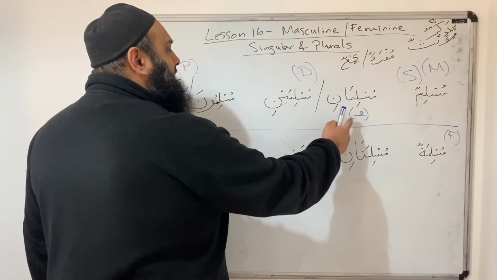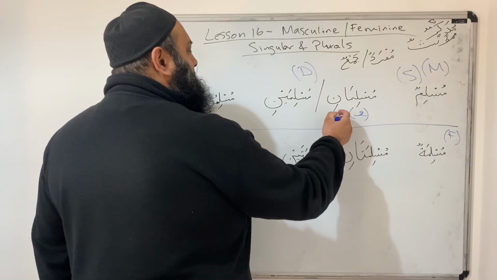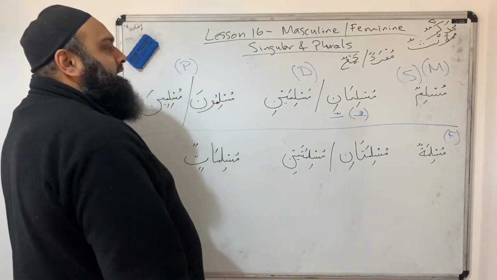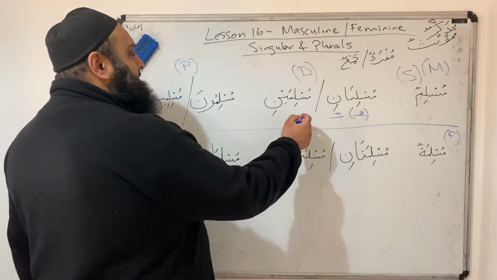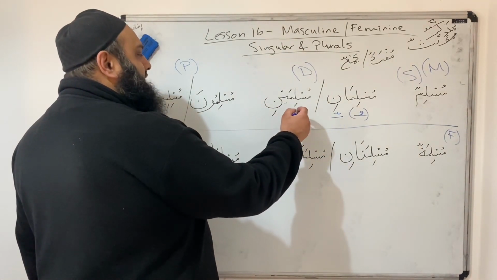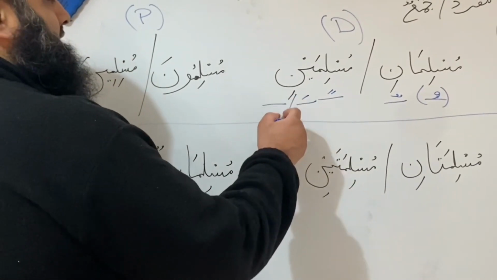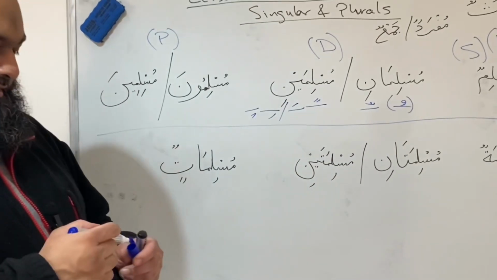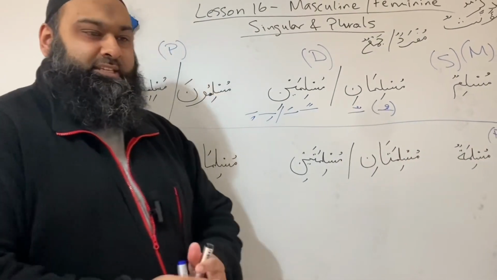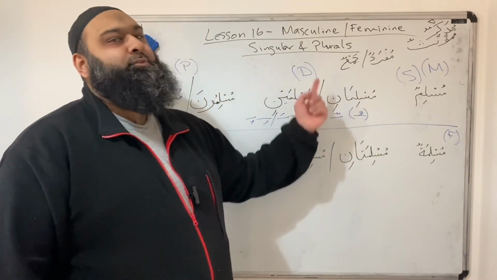So Muslimani is dhamma, or dhammatain even, no problem, because if it's without alif lam, it's dhammatain, right? And if it's Muslimaini, then the case of that is that it would have a fathatain or a fatha on it, or even a kasra or a kasratain. Normally you will see this when the subject is doing something, then it will be in the alif noon form.